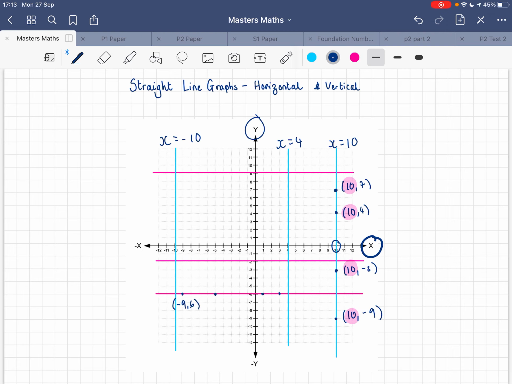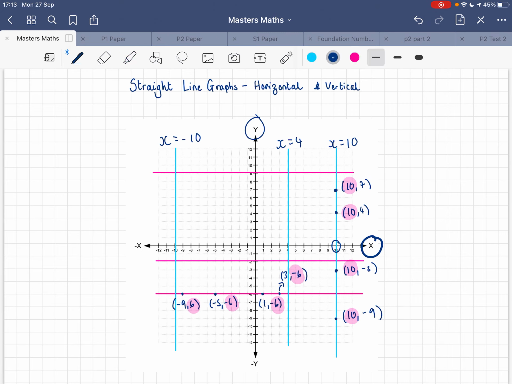The one next along on the right is minus 5, minus 6. The one next is 1, minus 6. And this one here is 3, minus 6. So this time, all of the y coordinates are the same and they are all minus 6.